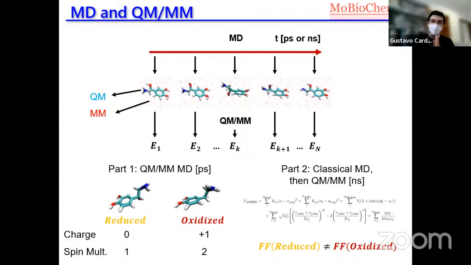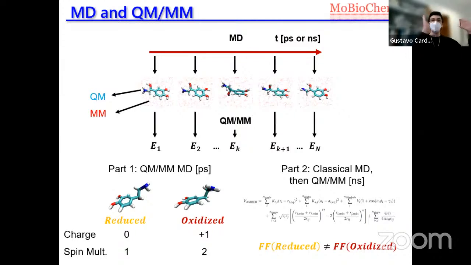Okay, so with this, I guess we can start. And I'll see whether there are questions. Oh yeah, one last thing before I finish is that usually when people do QMMM MD, they do, prior to the actual QMMM MD production, a small classical molecular dynamics simulation, so that we start with a more or less equilibrated geometry.